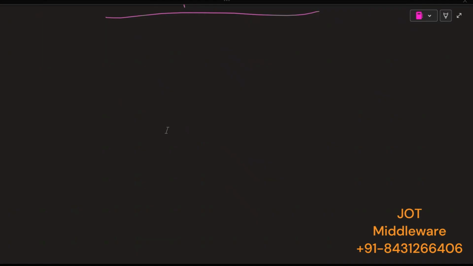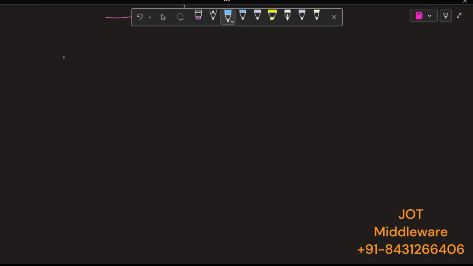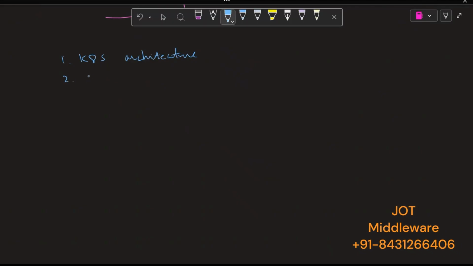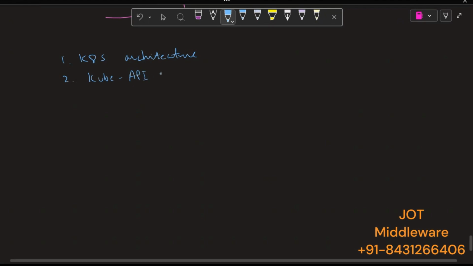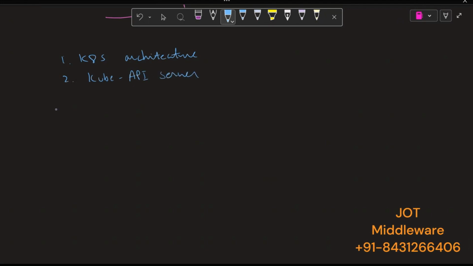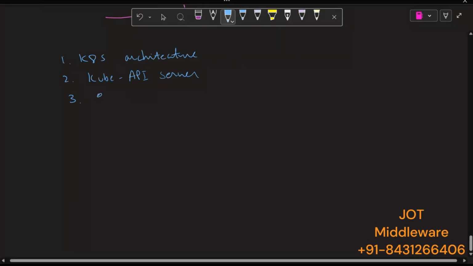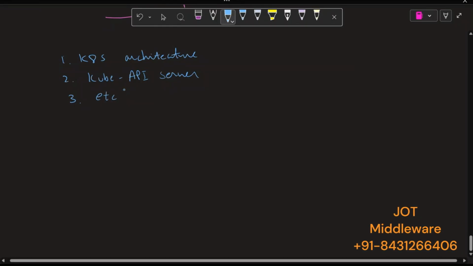Let us have a brief look at what we are going to discuss in this entire module. The first thing would be Kubernetes architecture. Number two, Kube API server. Number three, etcd, which is the cluster memory. We call it etcd.